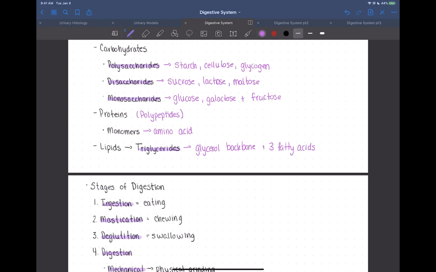Okay, so those are the nutrients that the digestive system is trying to absorb, in addition to lots and lots of water, different minerals, so ions, and vitamins as well. Okay, and then these are the other main nutrients.